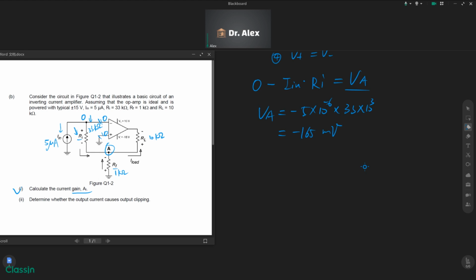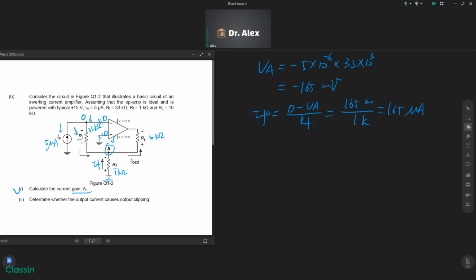If we get the potential at A point, we can easily get the current IF, which is flowing upwards, from the ground to the point A. So IF equals 0 subtract VA divided by RF, which is 165 millivolts divided by 1 kilo ohm, which is 165 microampere.